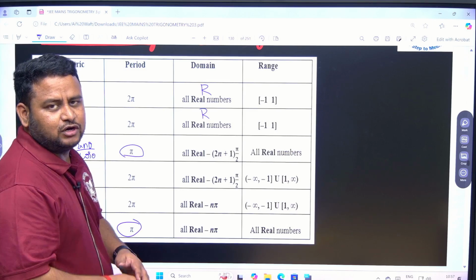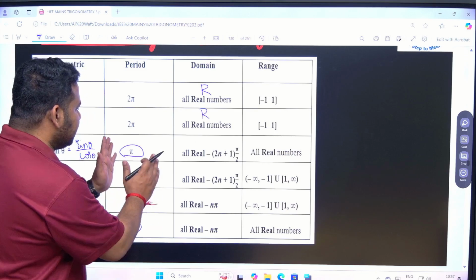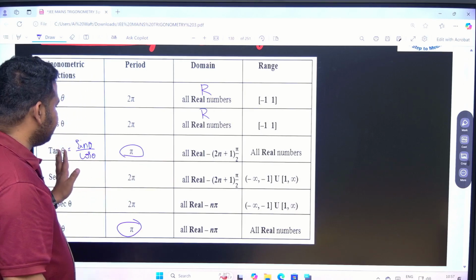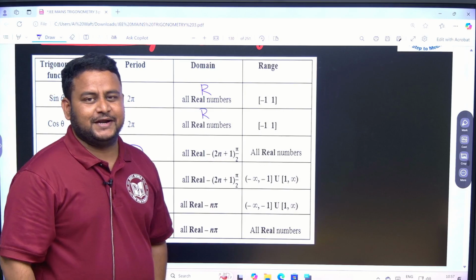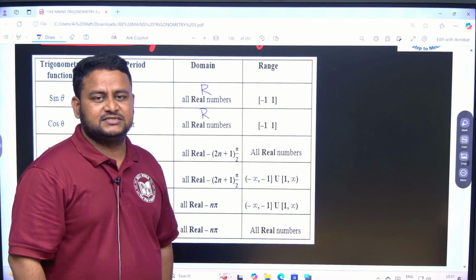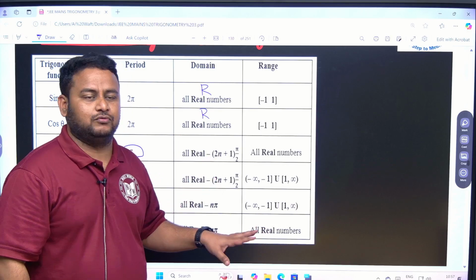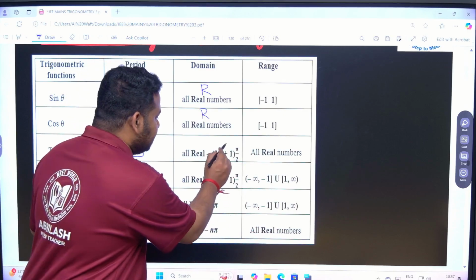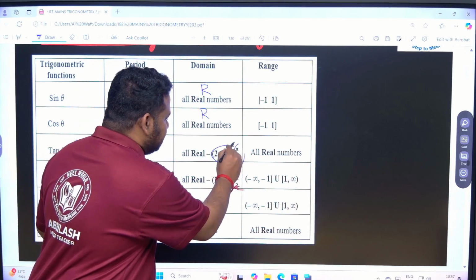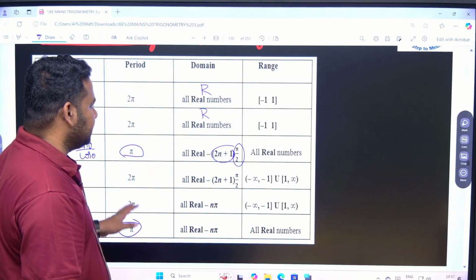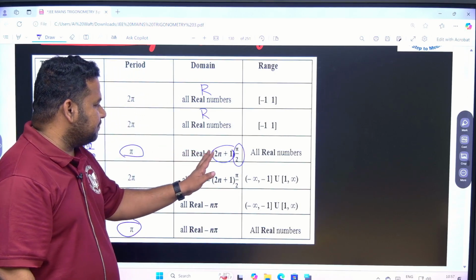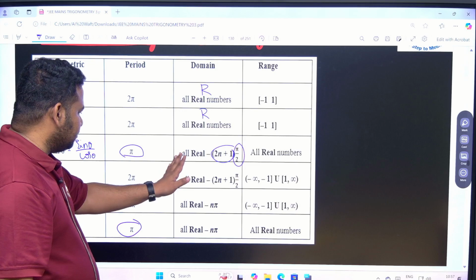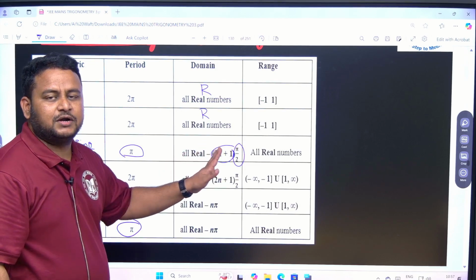When the denominator cannot be 0, that means all real numbers except where cos is 0. Cos is 0 when it is an odd multiple of pi by 2. We have studied this. That's why all real numbers except odd multiples of pi by 2. That's why we have written (2n plus 1) into pi by 2. So for tan, the domain is all real numbers minus odd multiples of pi by 2.